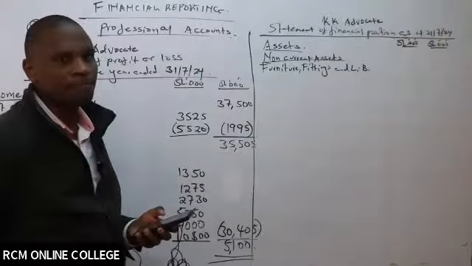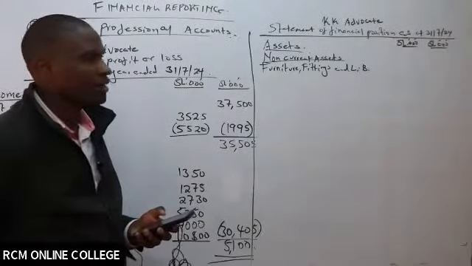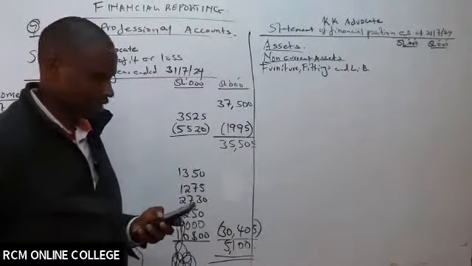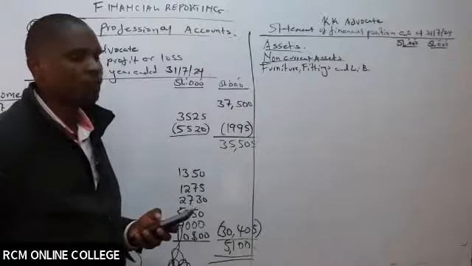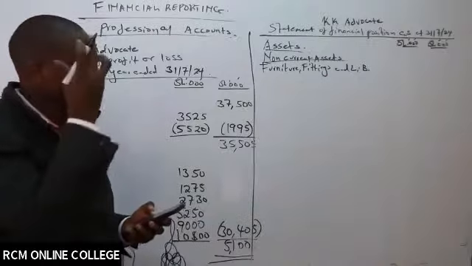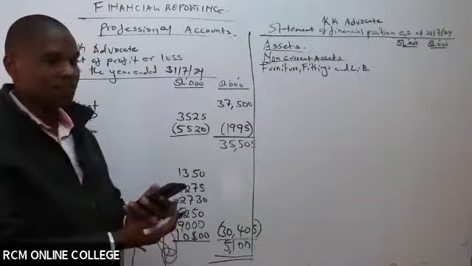Okay, Margaret is telling me yes. We should record net book value. Victor is telling us that it should be the net book value. Anybody else with a different view?